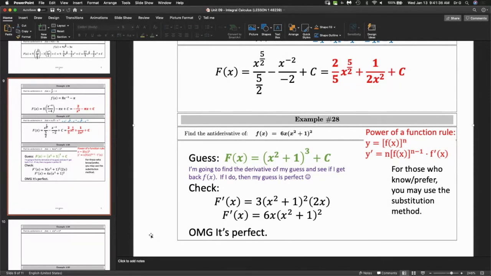I should mention to you, there are hundreds of methods for antiderivatives, okay? They just go on and on. And eventually there are antiderivatives that you can't even solve for.